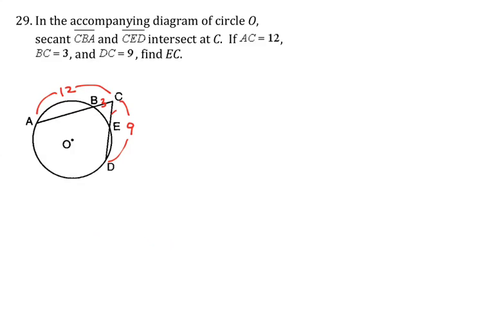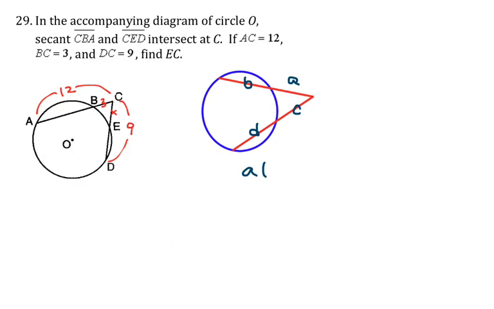So I'm going to call it X. Now, if you remember the formula that's involved between two secants and a circle, if I have A, B, C, D, it was A times A plus B. The concept of A plus B is basically the whole secant line segment, which is equal to C times C plus D.